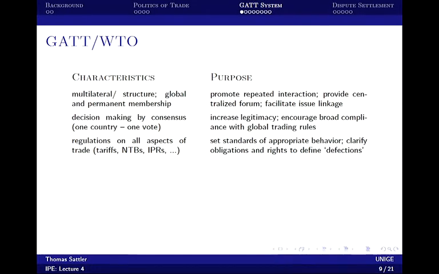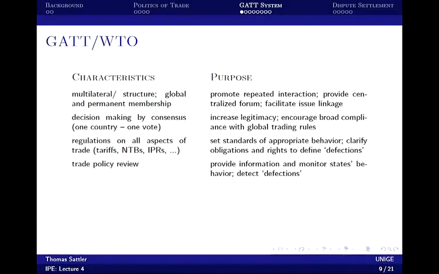We have very detailed regulations on tariffs, non-tariff barriers, and intellectual property rights. These are the rules that we need to set the standards of appropriate behavior and clarify what is a defection and what is a cooperative act. And then we need information about what countries really do. And that's what's called a trade policy review.